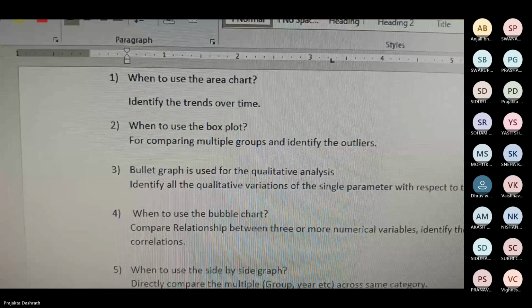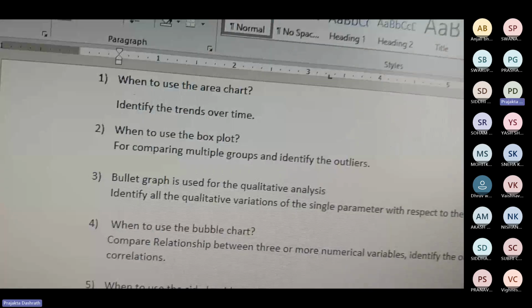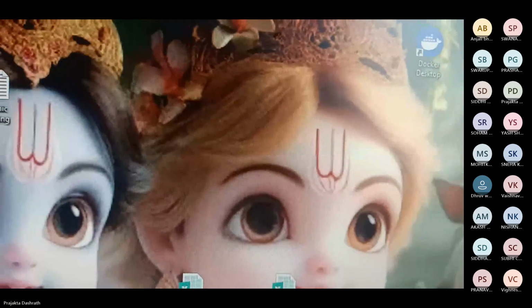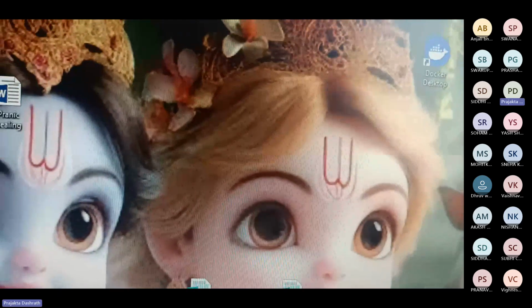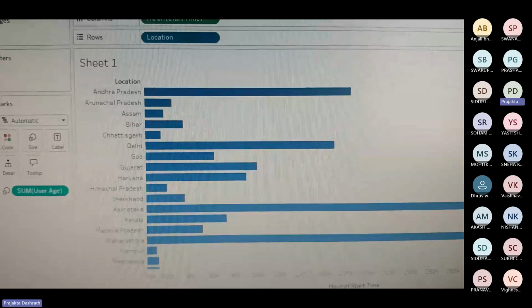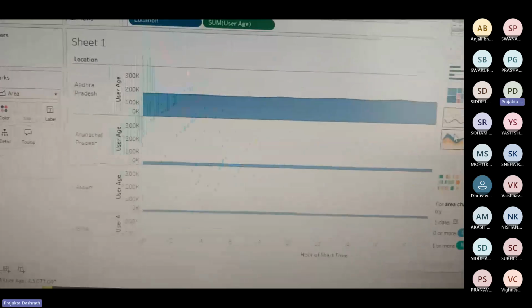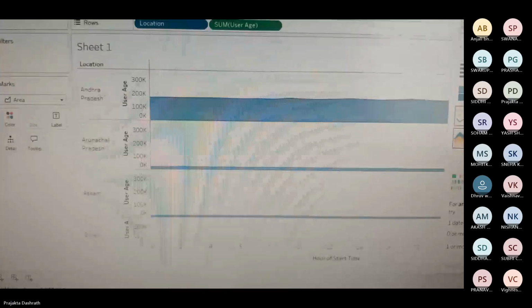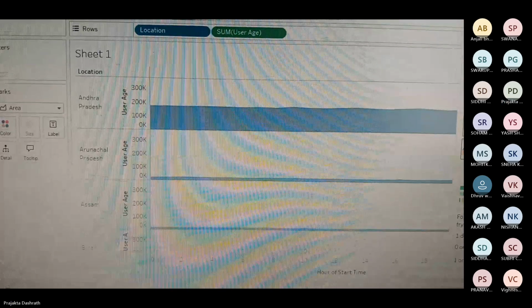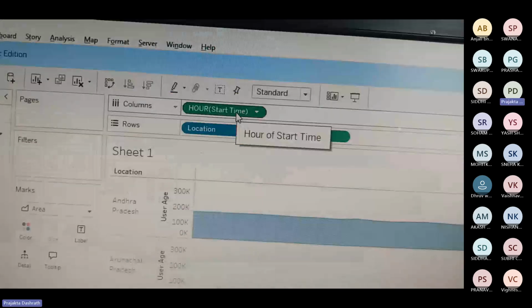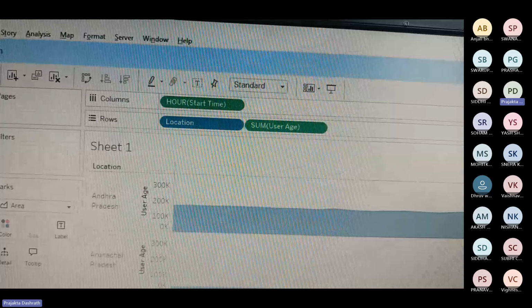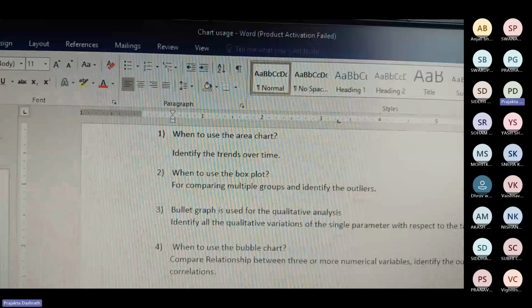Now, coming back to Tableau, area chart. Why is the area chart suitable in our case? Because we are dealing with start time. When to use area chart?